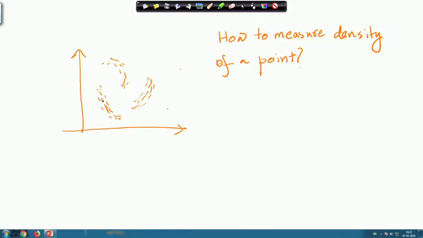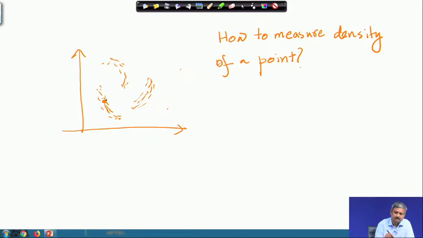Suppose I want to find the density of this point. I will draw a circle centered at that point with radius epsilon, EPS.